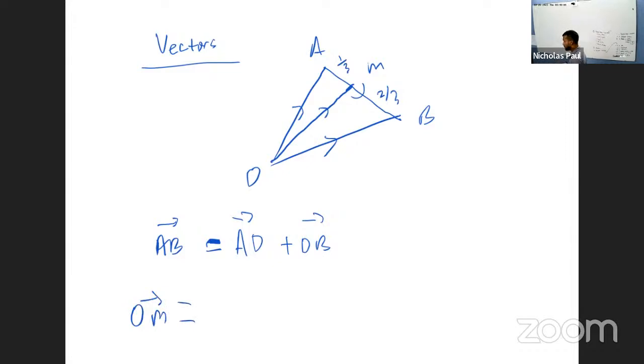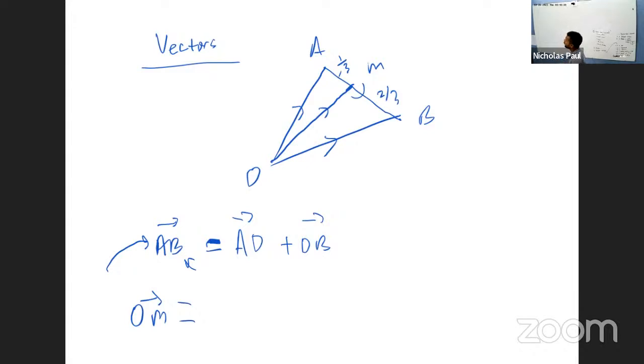A to O to B: you're starting at A and you're finishing at B, so you're going this way. Right, OM. How do we get OM? O to M is what?